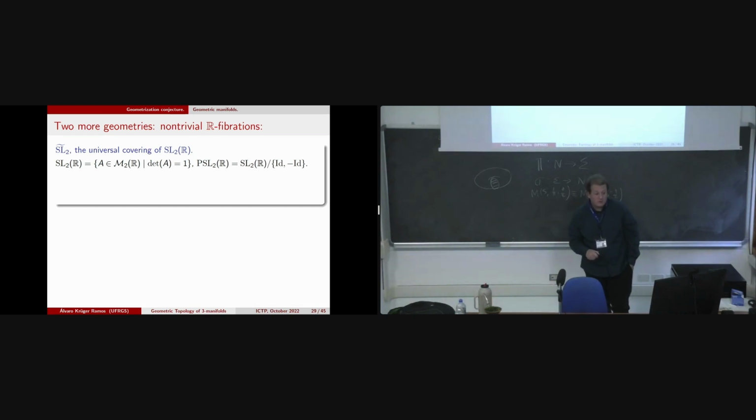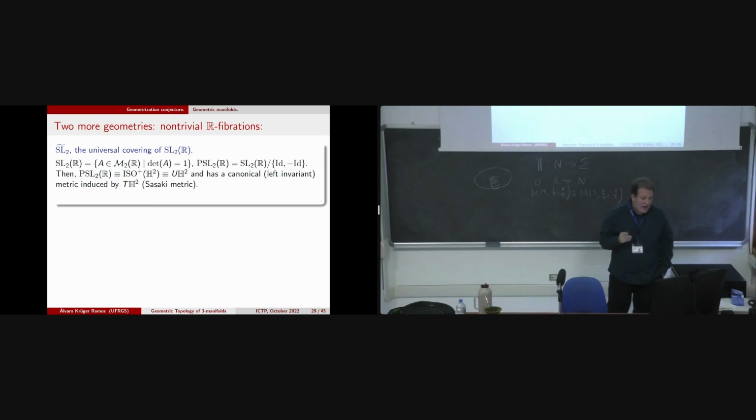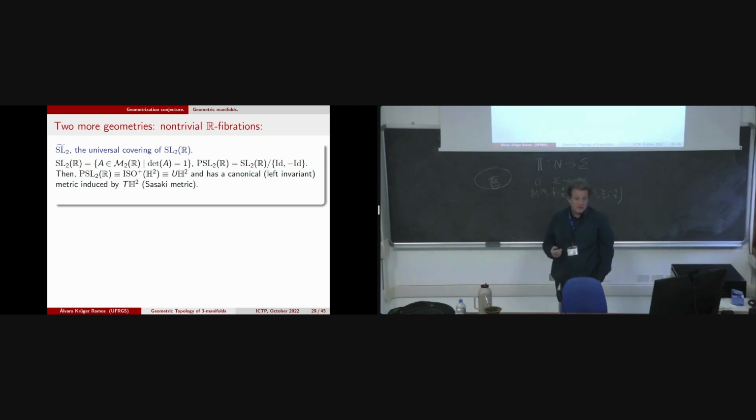Then you projectivize this space, quotienting by identity and minus identity. This is the group of Möbius transformations of the complex plane with real entries, and it can be seen as the isometry group of H2 which preserves orientation. It has one canonical left invariant metric, which is induced by the tangent bundle of H2.